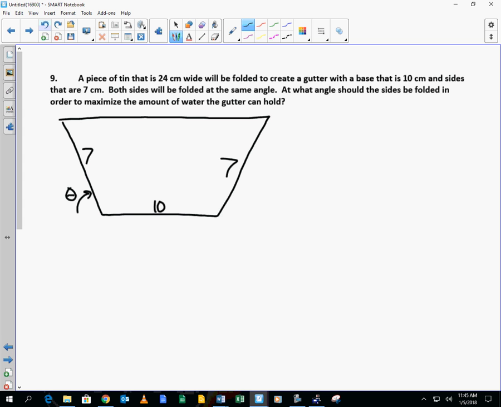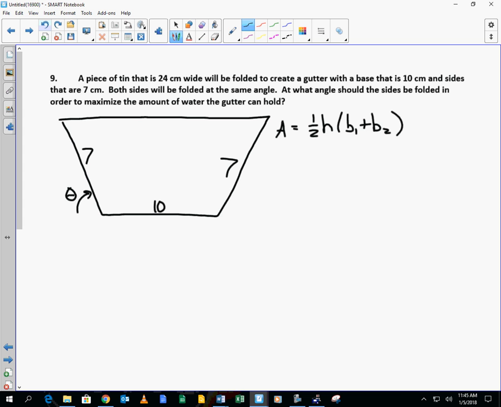Okay. So what's driving the problem? Yeah, we need the area of the trapezoid, right? What's the area of a trapezoid? Yep, 1/2 times the height times (b1 plus b2). Now, this is going to be a little tricky.